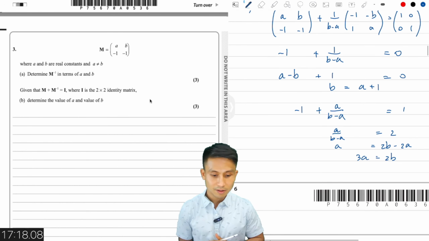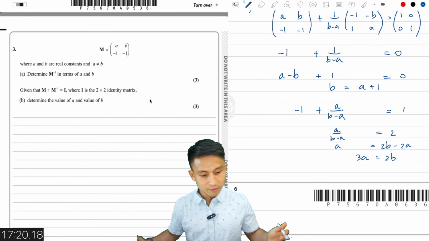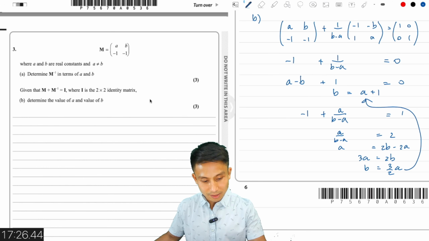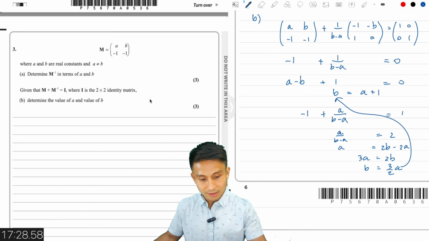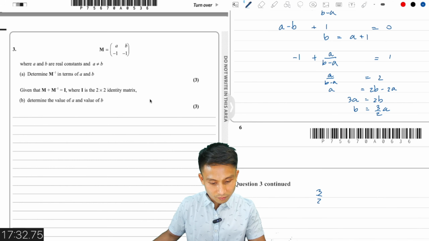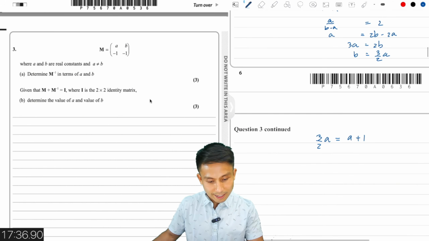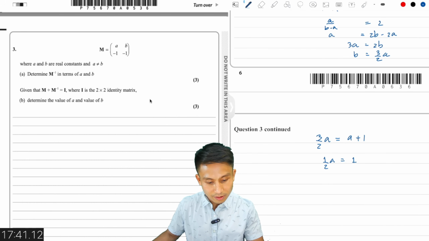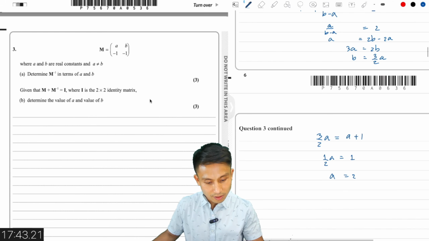Well, we want to find both of them anyway, so I'm just going to do b equals 3 over 2 a, and sub that back to equation 1 to solve for a first. So that means 3 over 2 a equals a plus 1. Subtract a both sides, I have 1 over 2 a equals 1. That means a equals 2.